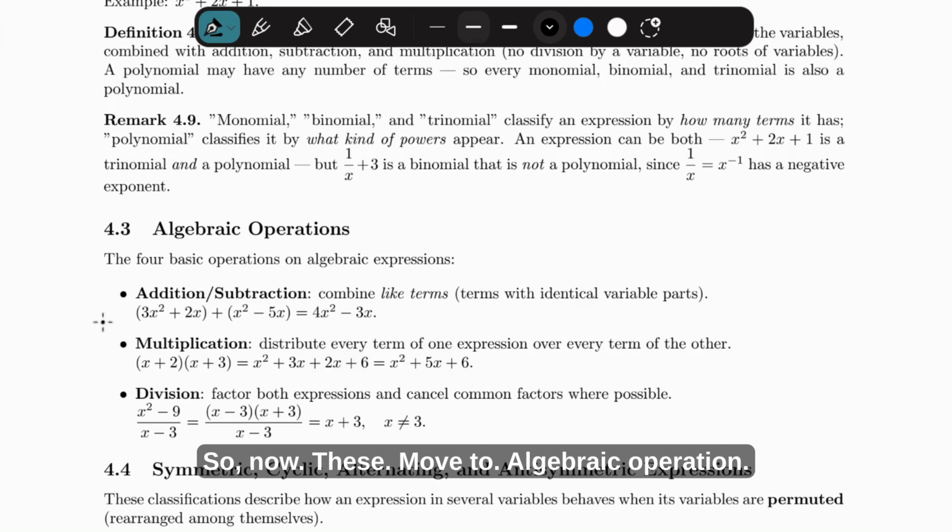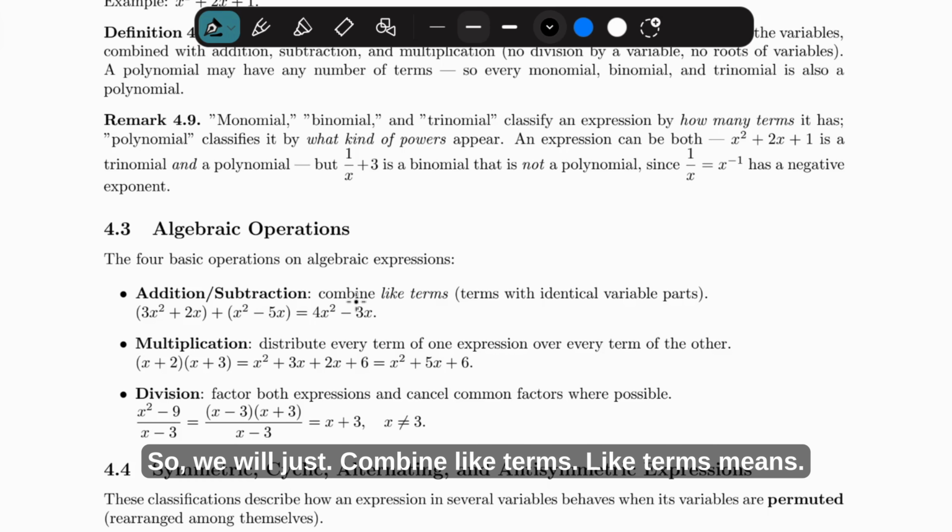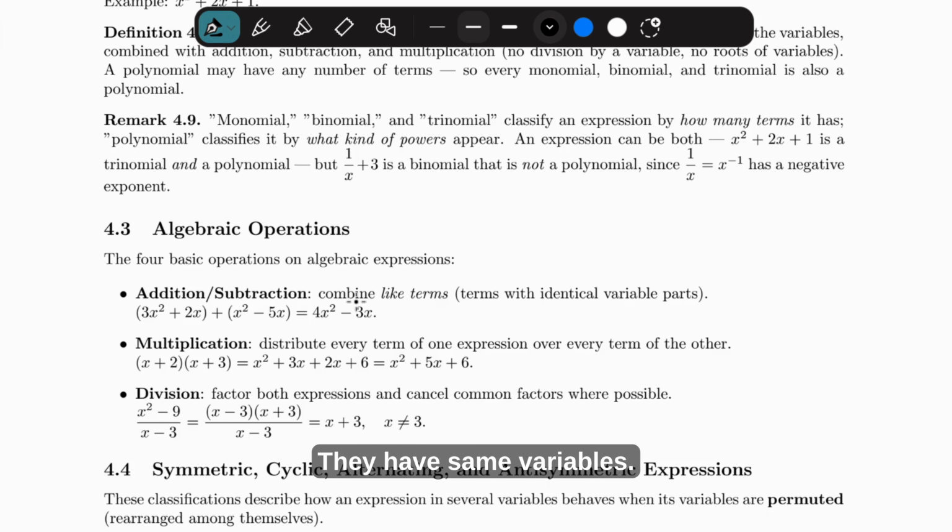Now let's move to algebraic operations. Four basic operations on algebraic expressions. When you have to do algebra, we will just combine like terms. Like terms means they have the same variables as well as exponents.